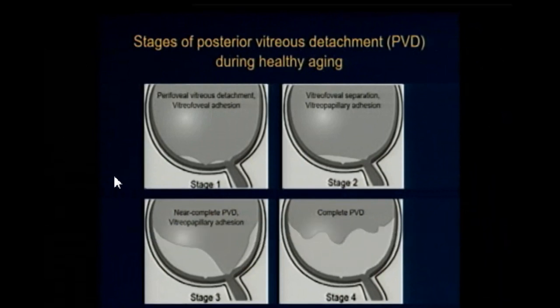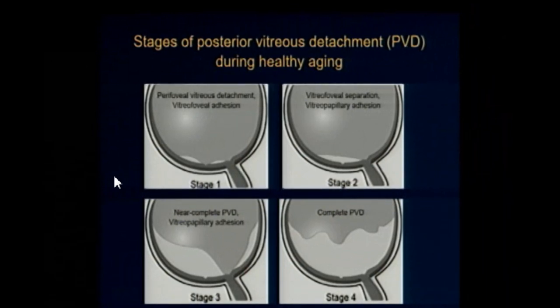So PVD, when it happens, you start to get syneresis in the vitreous, and then the fluid starts to go out of a pocket through the vitreous cortex, and it will start to detach the vitreous bag, if you wish. And the cortex is going to detach from the retina in areas that have the least resistance. So it's going to detach first away from these areas that we talked about, okay?